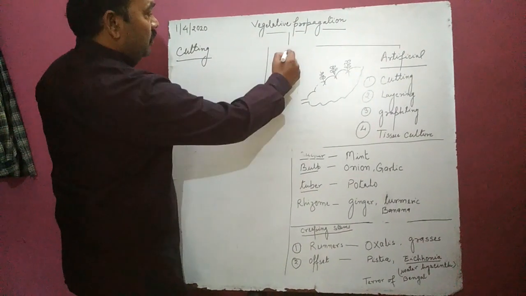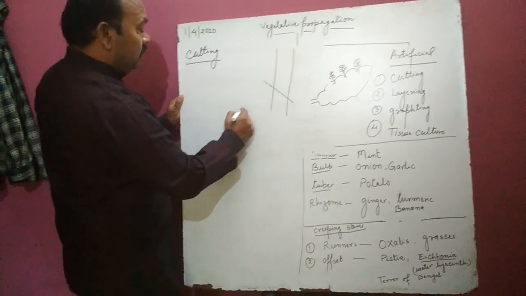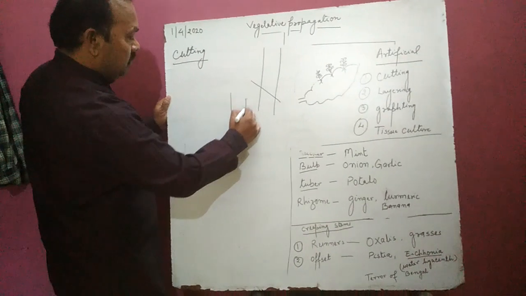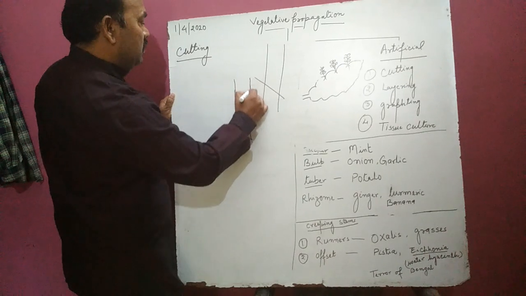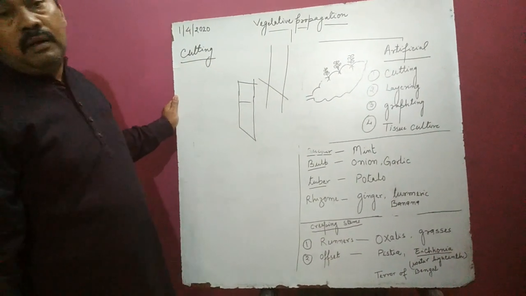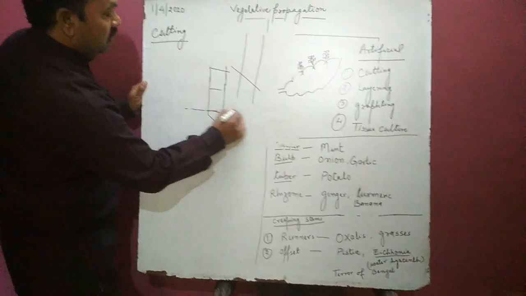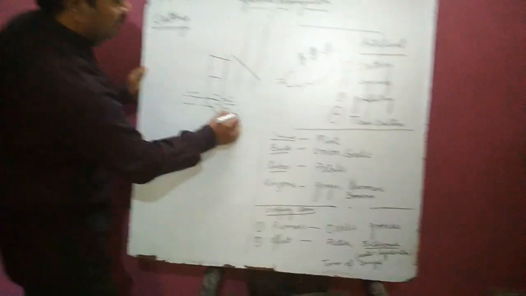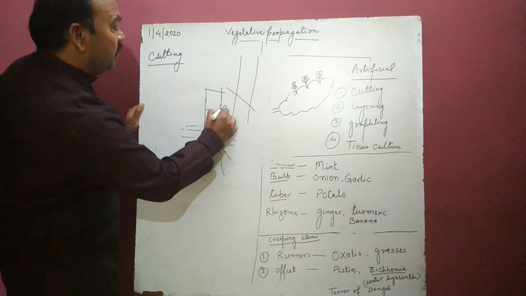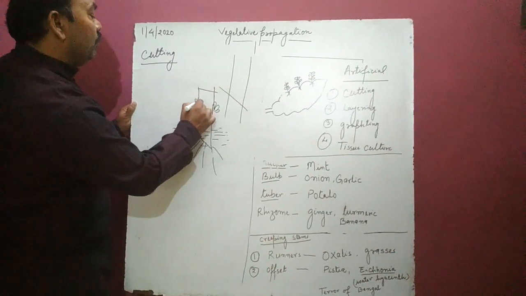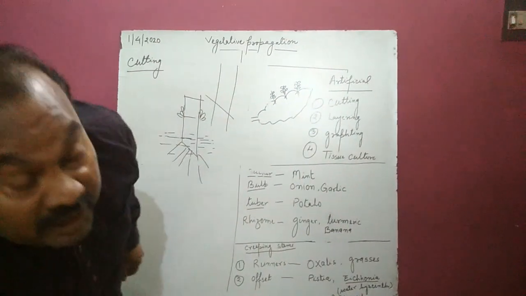If the stem is cut in that manner, this part is dipped in phytohormones and finally planted in the soil. It produces roots at the base and axillary buds arise at the nodal region. That type of vegetative propagation is called the cutting method.